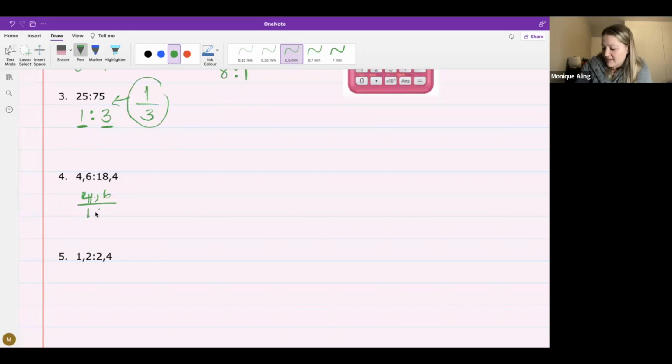Sorry. And then it gives you 1/4, and in ratio form it is 1:4. It looks like you all got that. Question 5, let's see your answers.